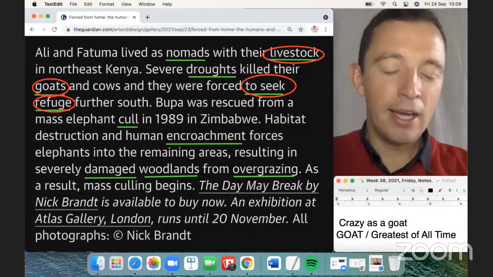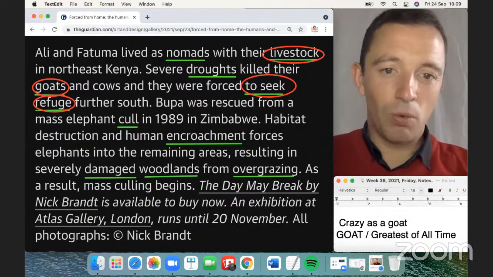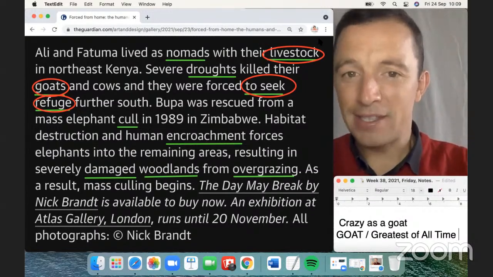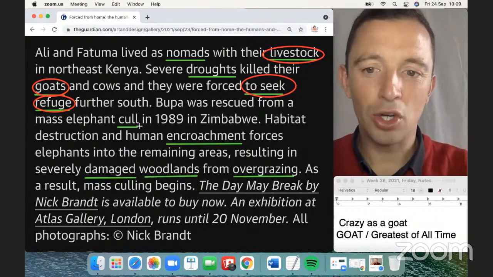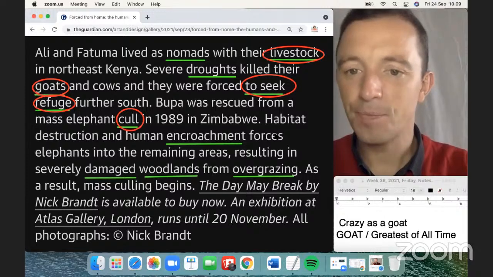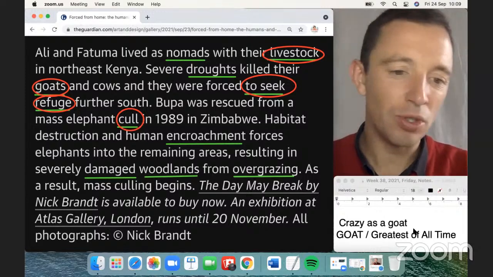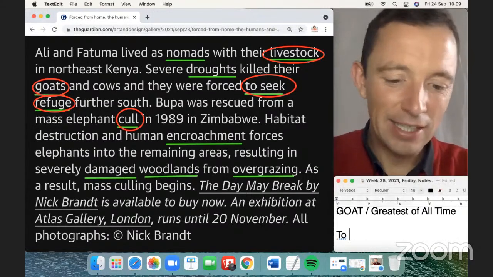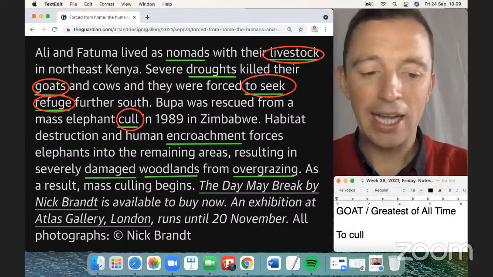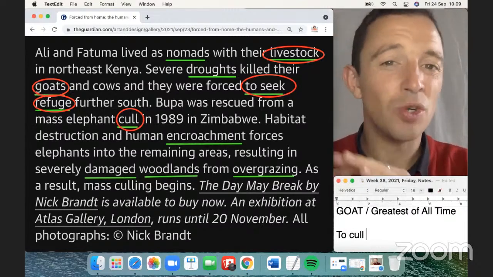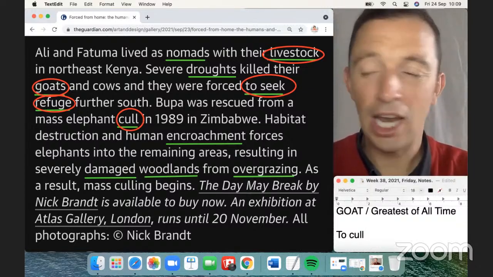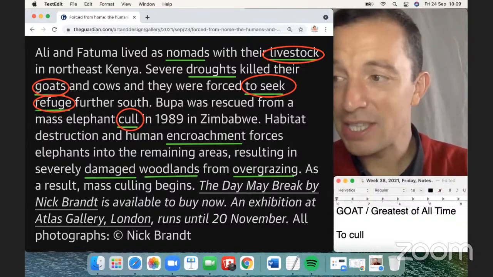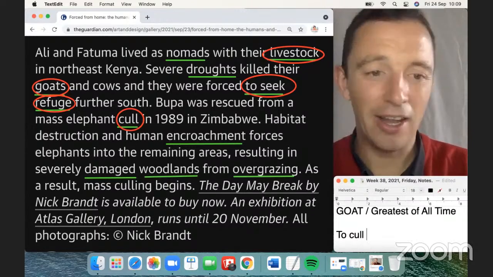Okay. The next word is very advanced, very fluent, and very important as well. Cull. It is a verb. Okay, so the verb is to cull. It's related to animals, and the significance is to kill a lot. So if you have to cull a lot of animals, the significance is you have to kill a lot of animals.